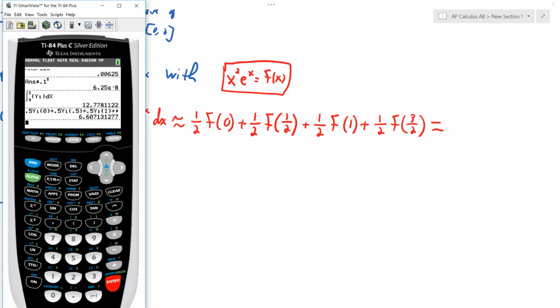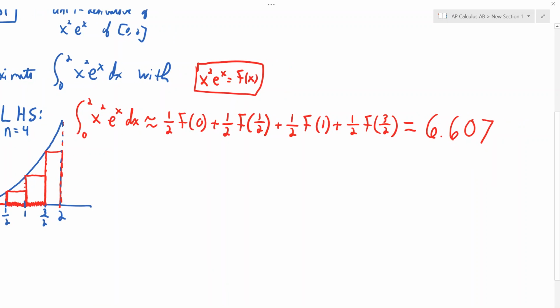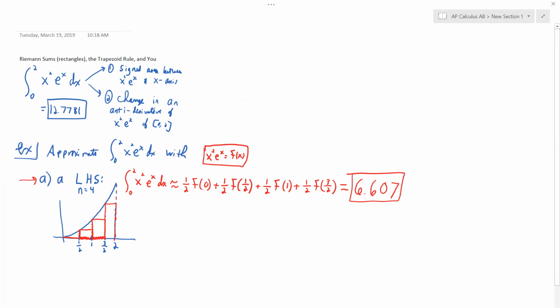And we get 6.607. You can do this on your own if you want. I hope everybody can put it into a calculator. That's my approximation. It's almost half of what the actual area is. The area is 12.7781.